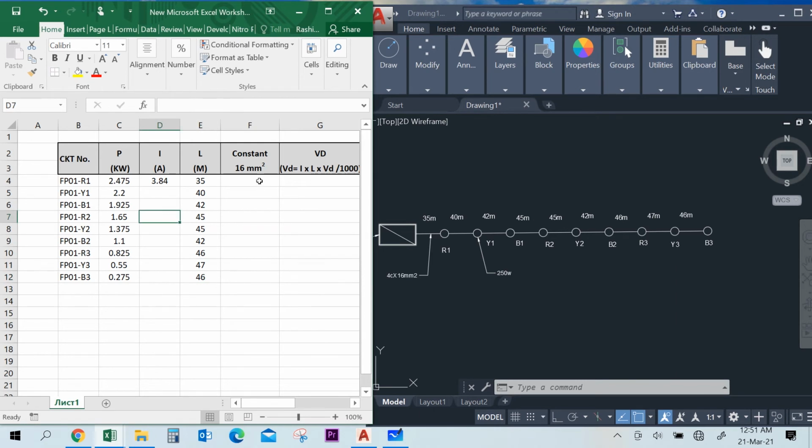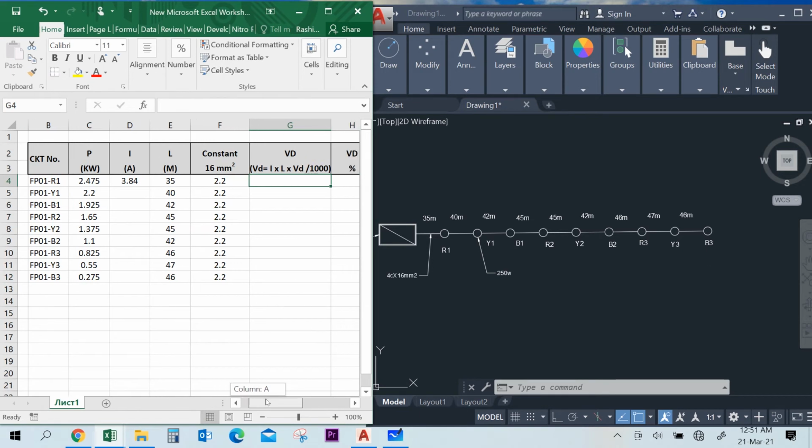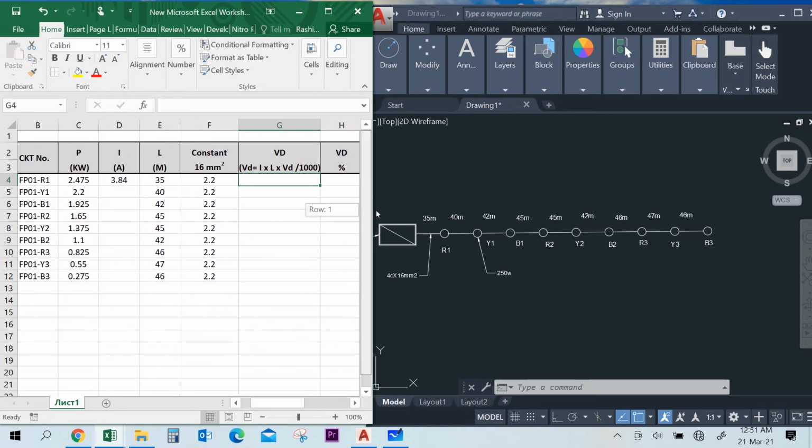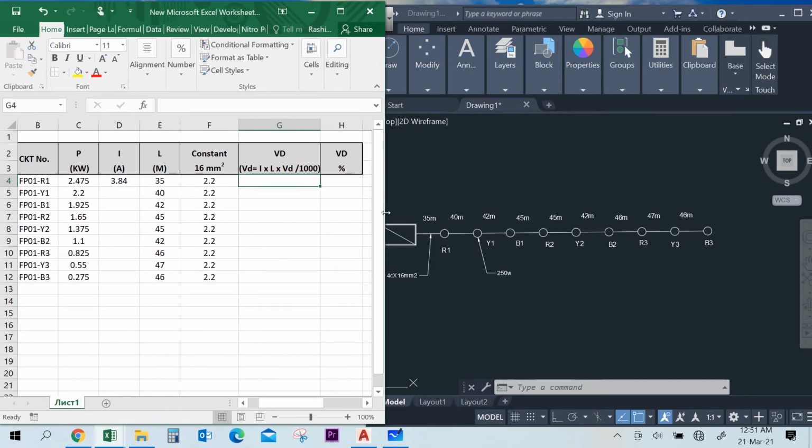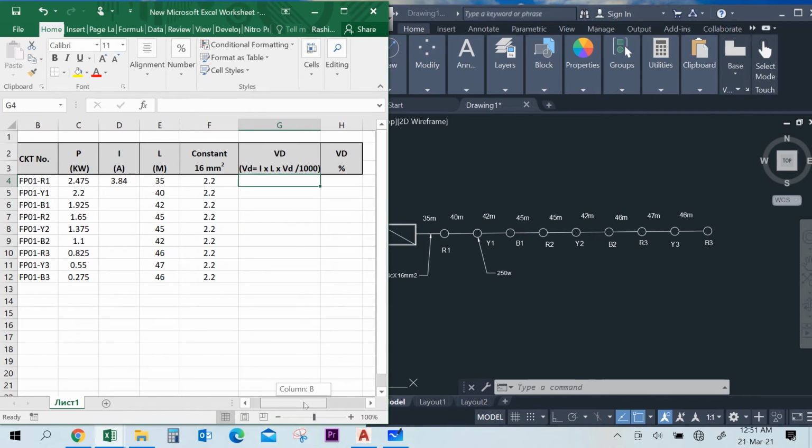This is 46. As I told you, the constant of 4-core 16 mm square cable is 2.2. So we will write it here and copy and paste, because all cable has the same size. Finally we got all values for the point R1.